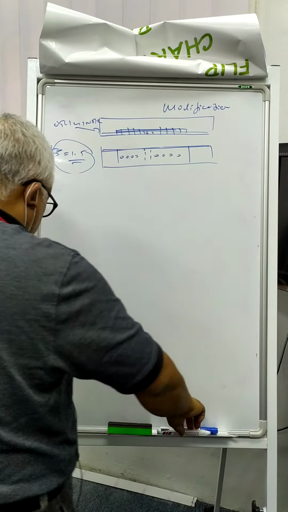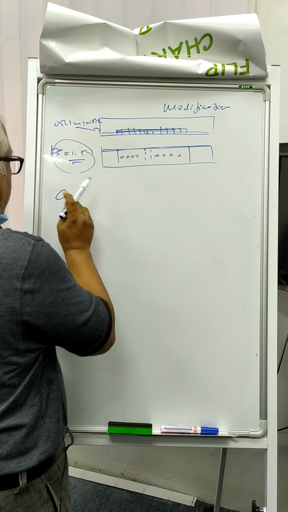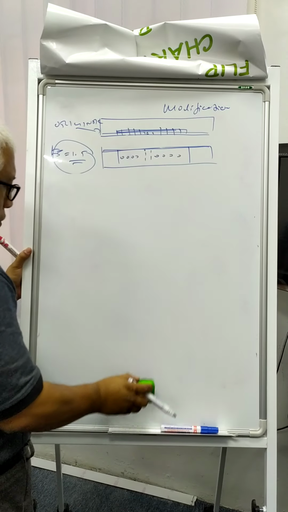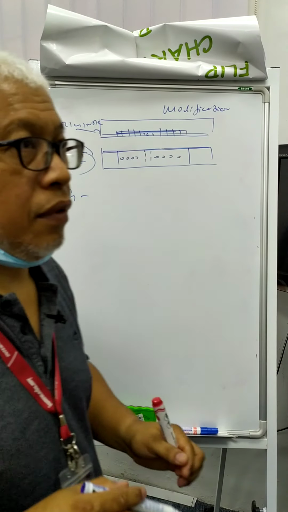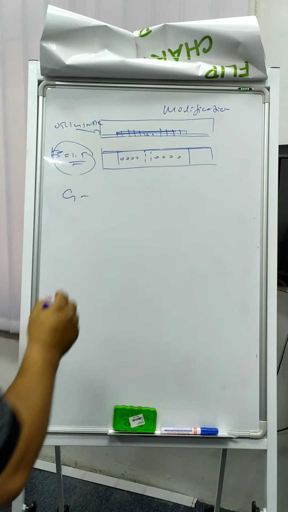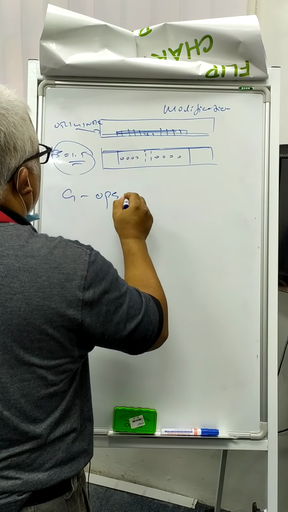Next, we look at subpart G. What is important in subpart G? Subpart G talks about operating limitations and information.